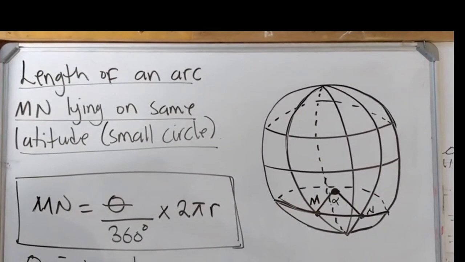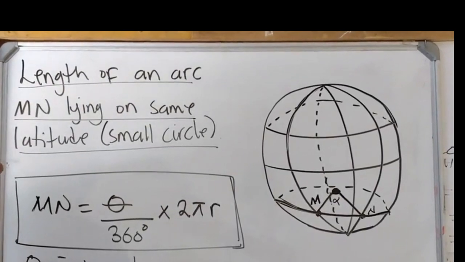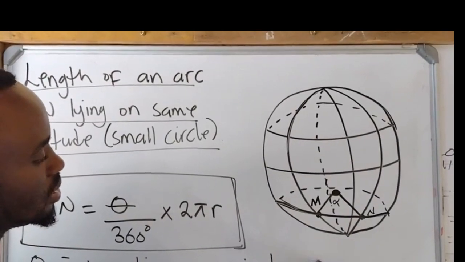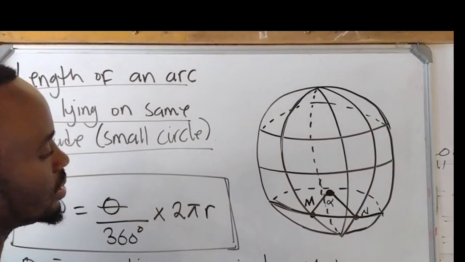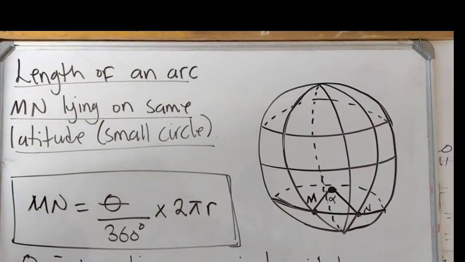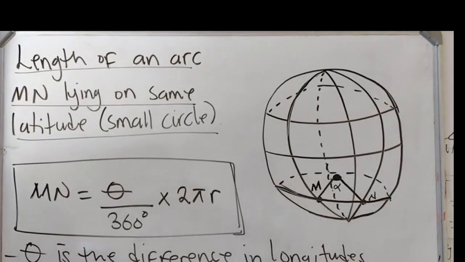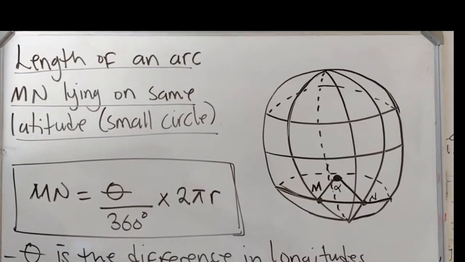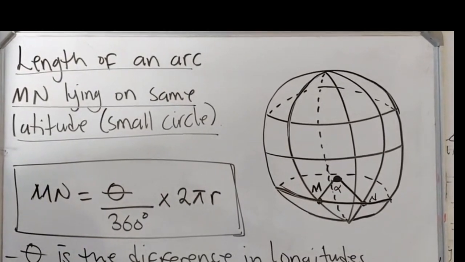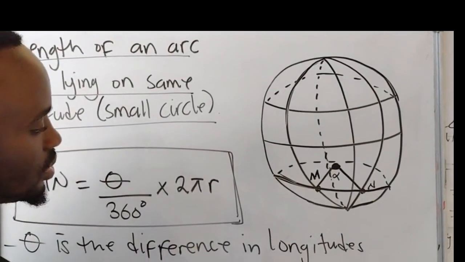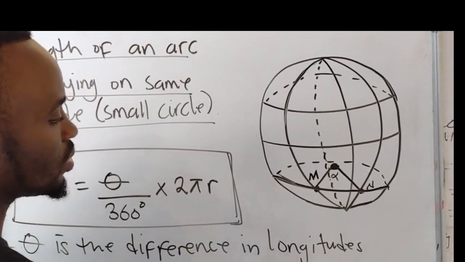Theta is the difference in longitudes of points M and N that are lying on the same latitude, which is a small circle. Then this r is the radius of the small circle.